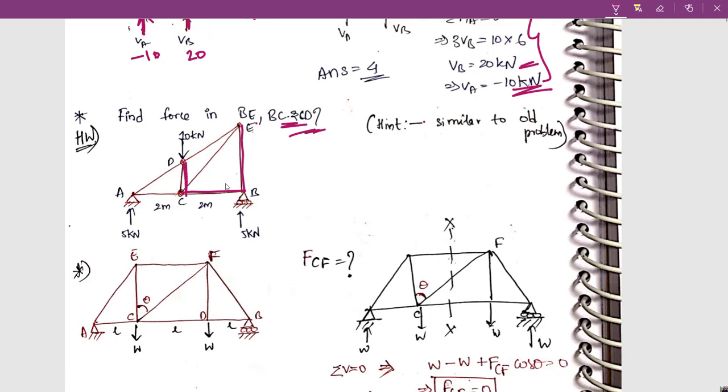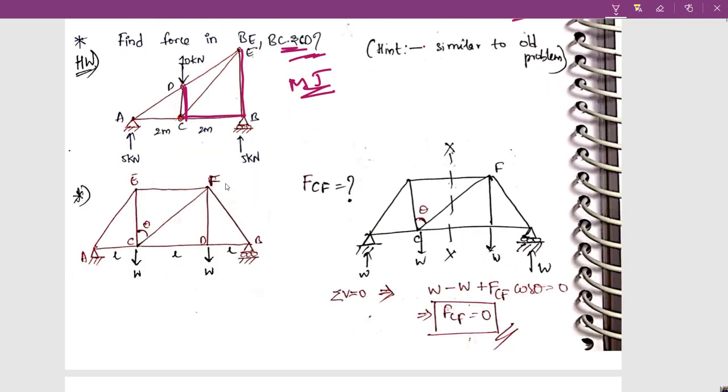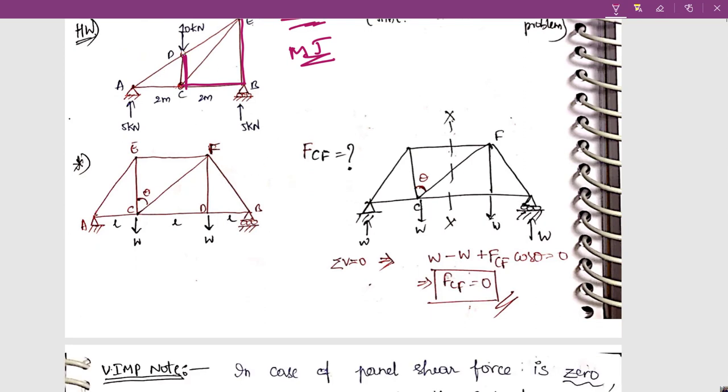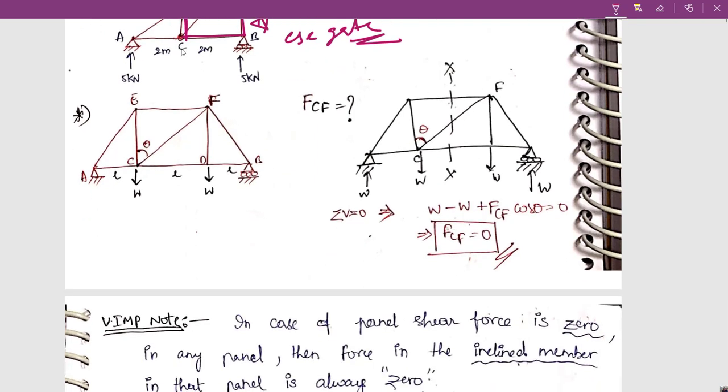Okay, in a very similar question, instead of 10, it was given P. Now in this question, I am giving P as 10, but solve this using the method of joints only. This is your homework. In place of P, I have given the value 10 so that it will be experienced, because this problem is an important problem for your ESE, GATE and also state PSCs. So please do that problem.